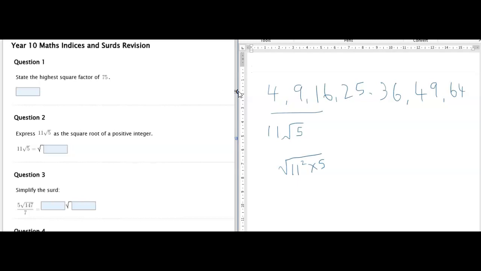So 11 squared is 121, and then you need to do that multiplication. 121 times 5: 1 times 5 is 5, 2 times 5 is 10, and 1 times 5 is 5. So we have 605. So it's the same as the square root of 605.